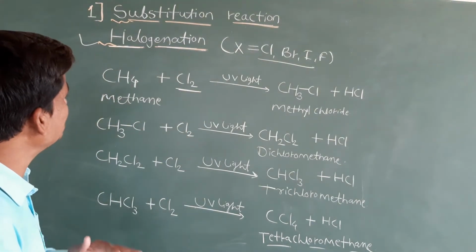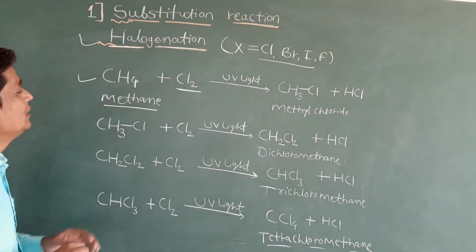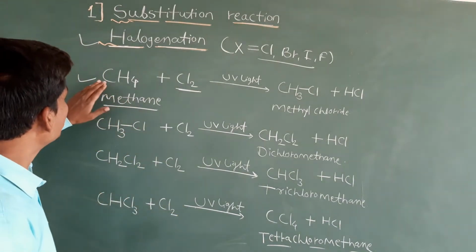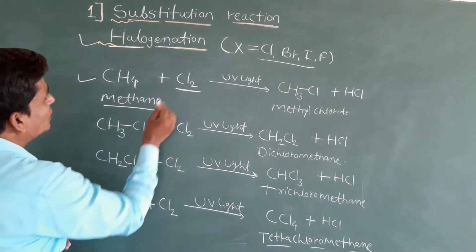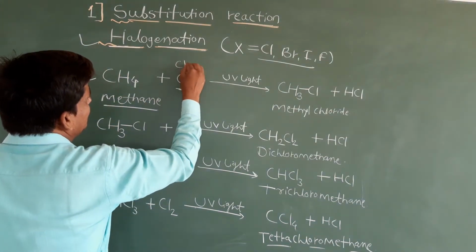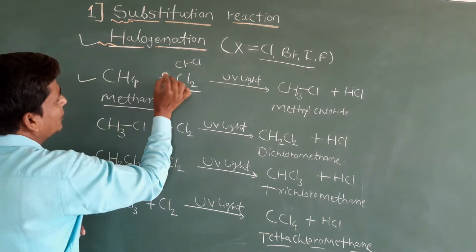So see students, in this chlorination I am taking CH4, which is methane. How many hydrogens are in methane? Four hydrogens. From this methane one hydrogen is replaced by one Cl. The chlorine molecule we represent as Cl single bond Cl, Cl2.